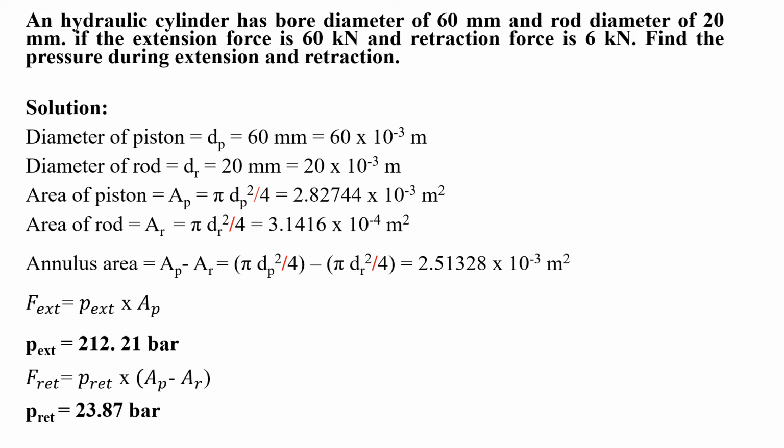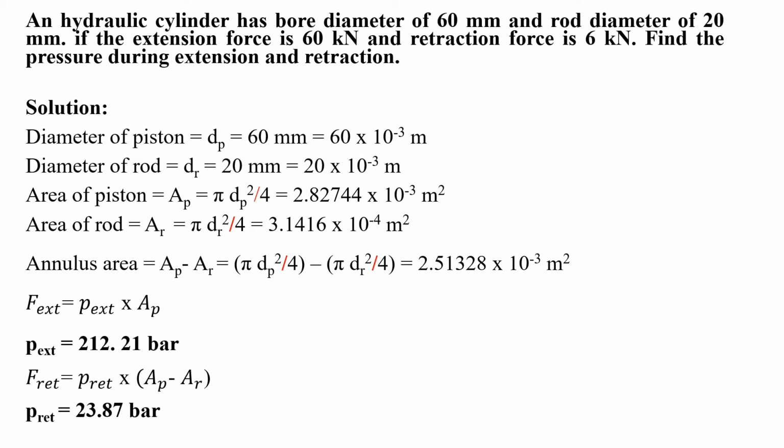Now we'll move on to what all we have to find out. Find the pressure during extension and retraction. See, there is a formula. Force during extension equal to pressure extension into area of piston. Force extension is already given as data, and AP we just got.